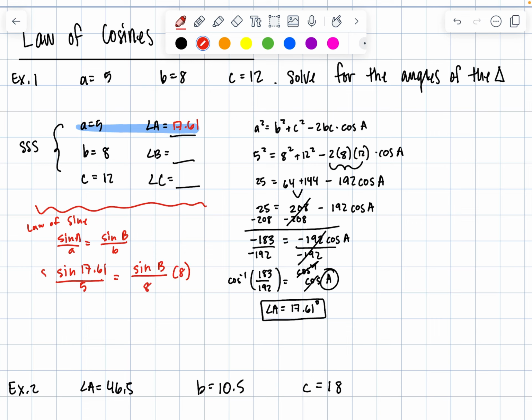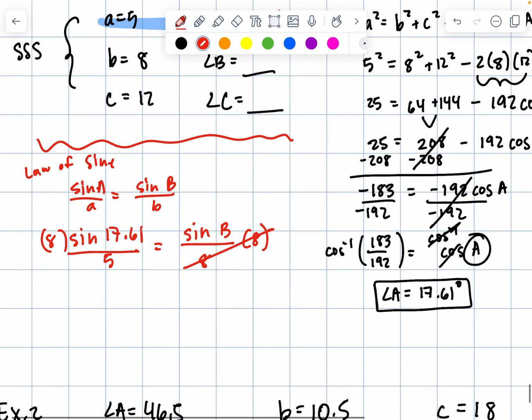Multiply both sides by 8. 8's cancel. And then now, if you really want to, you could just do inverse sine right here. All of this goes inside the inverse sine.